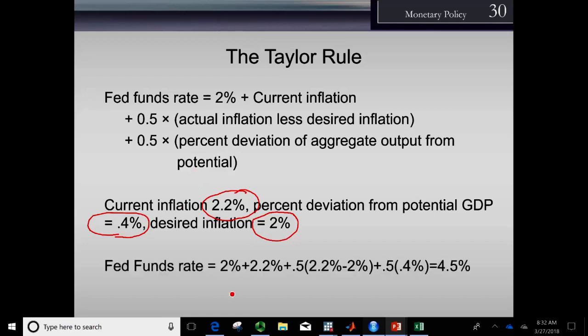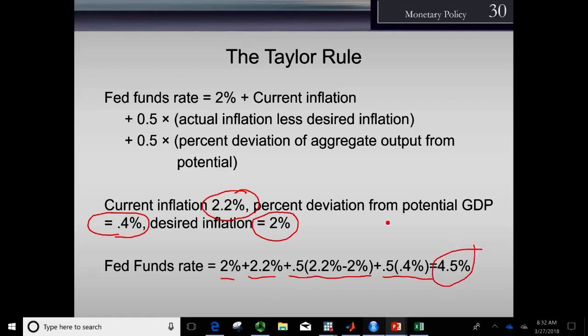Okay, so the Fed funds rate then would be that 2% plus the current inflation rate plus 0.5 times the deviation between current inflation and desired inflation plus 0.5 multiplied by the percentage deviation of output from potential. I just plug it all into the equation and I come up with 4.5%.